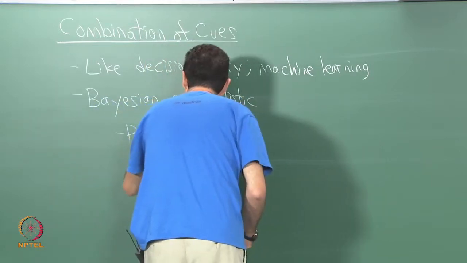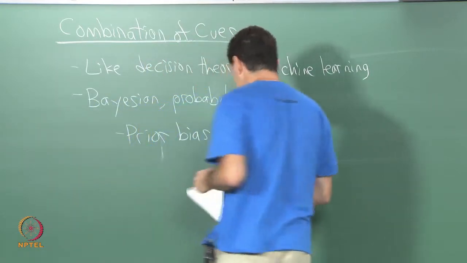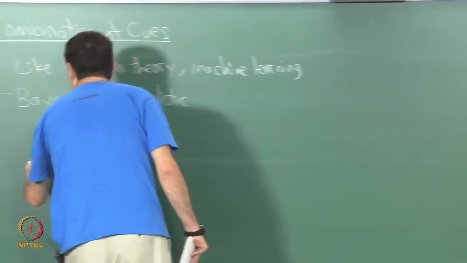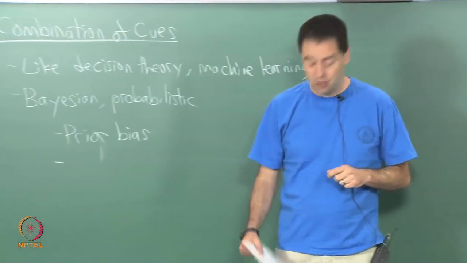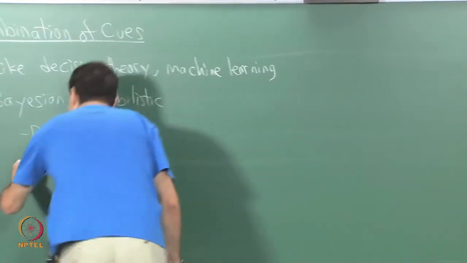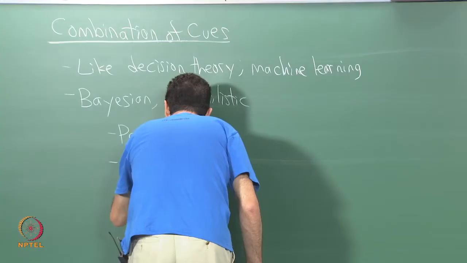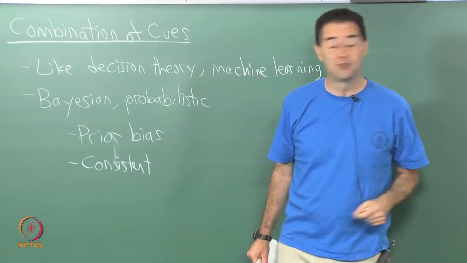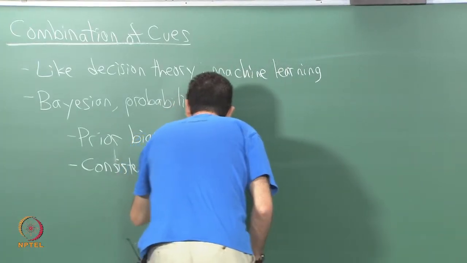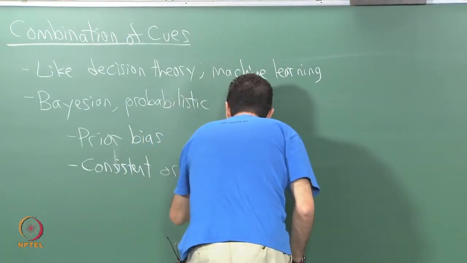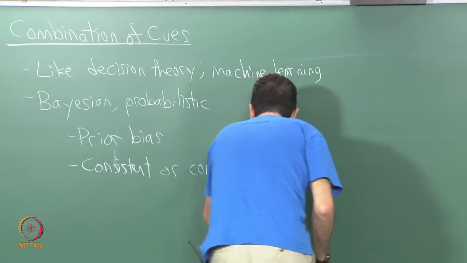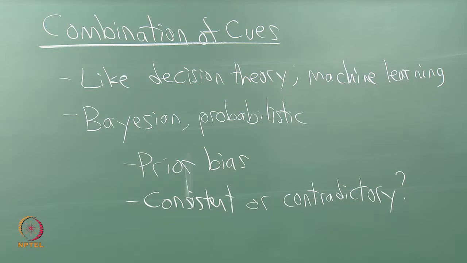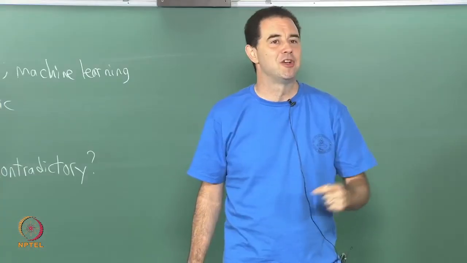So there's prior bias. Right, you're biased by the expectations of what you see, and in the process of putting together information from multiple cues, the brain is trying to decide whether that information is consistent, in which case it will increase your confidence in what you're seeing, or is it contradictory? Right? If it's contradictory, it will lower your confidence, and when we see some of these optical illusions, they may contain contradictory cues.